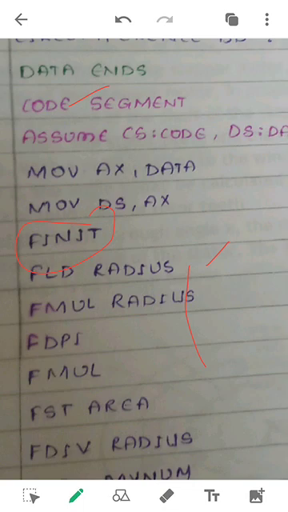So floating point initialization, then FLD is taken here, that is the radius, load the floating point radius, FMUL, multiplication of the floating point number here, FLDPI means load the pi value, FMUL means performing multiplication on the floating point numbers, FST means store the floating point number of area, and FDIV, the floating point number of radius.